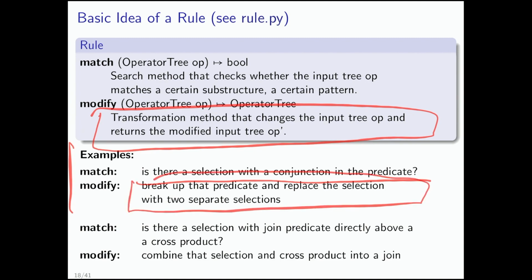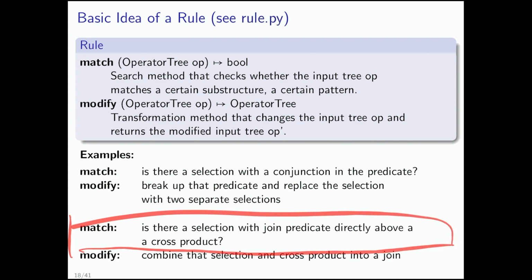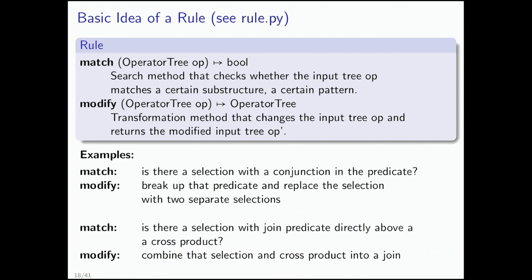Before you had one selection operator, A and B. Now you have selection on A followed by selection on B, or the other way around. Doesn't matter. It's the same thing. Or in this situation, if you found this match, you could say, okay, I get rid of the cross product. I combine that selection and cross product into a join. So you rewrite the cross product plus predicate, fuse those operators into a single operator that is a join.